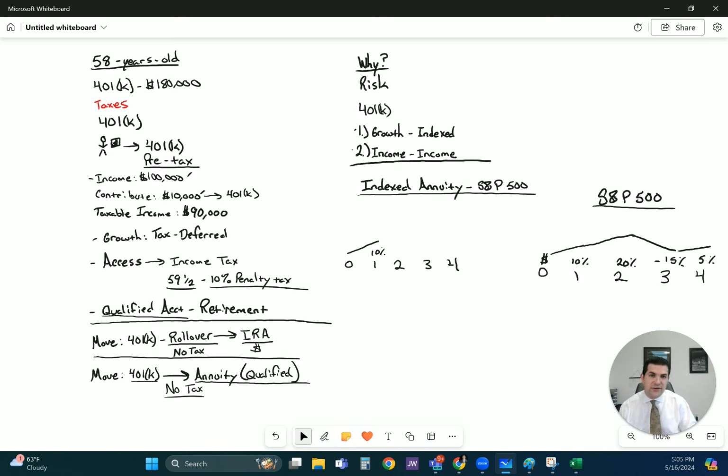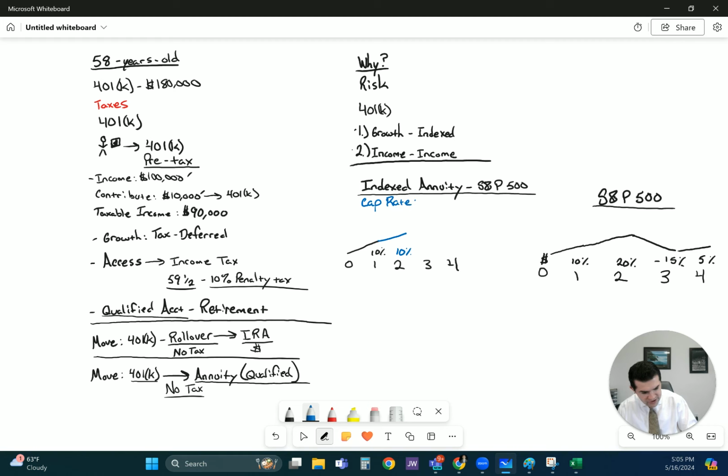You get 10%. The second year, the S&P 500 produces 20%. You get not 20%. You get 10%. So your upside is limited by what is called a cap rate in this particular example.